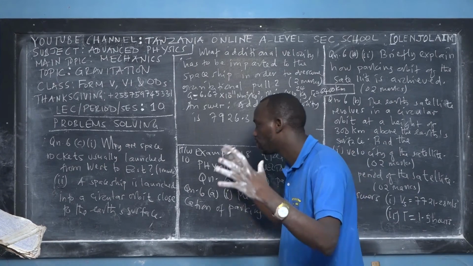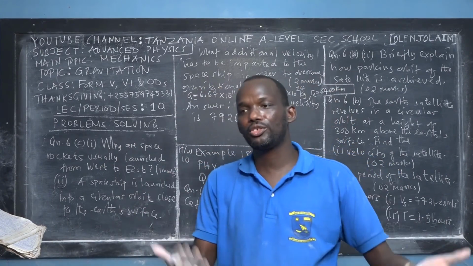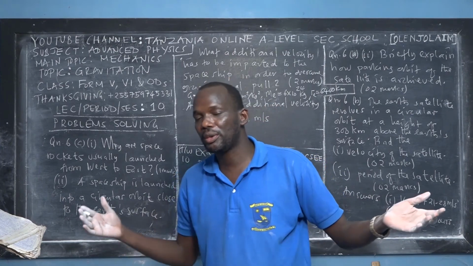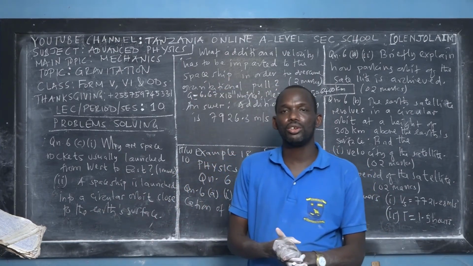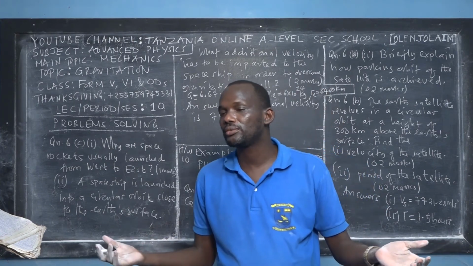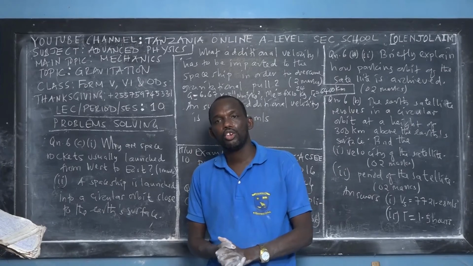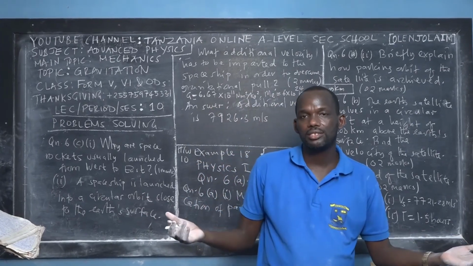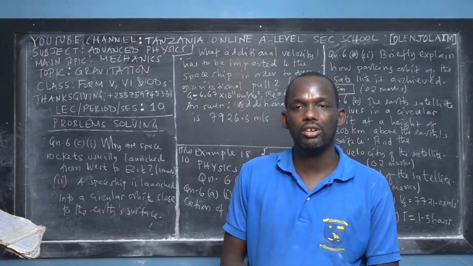Sometimes the questions might test your understanding of gravitational energy, sometimes acceleration due to gravity, sometimes escape velocity itself, or Newton's universal gravitational law, or Kepler's first, second, and third law.